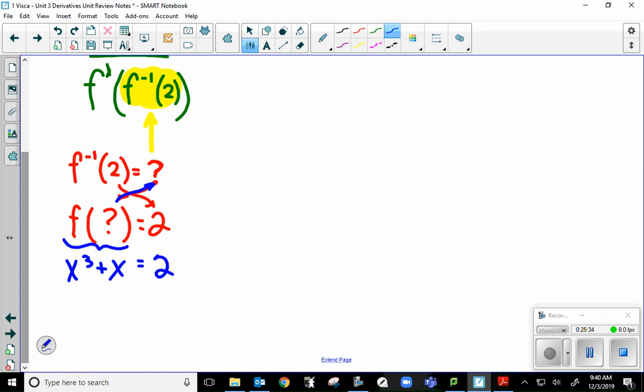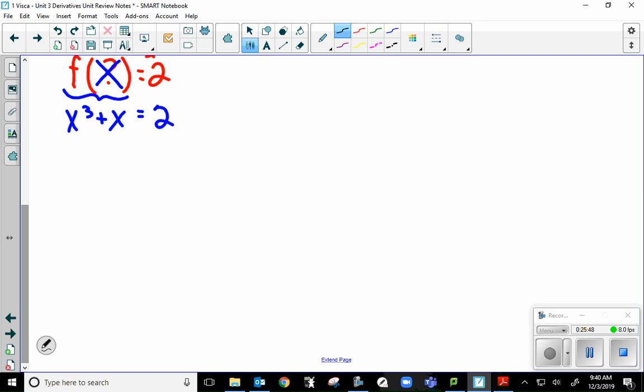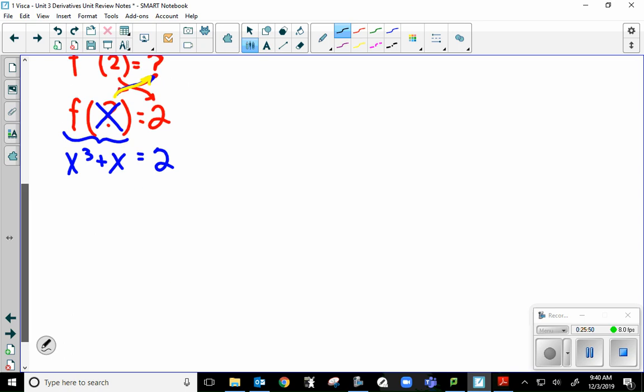So what value of x would go right here to solve for this? Because once I know that value of x, that would flip and become my solution here. You could do this with a calculator, but a lot of the time they'll give you a problem like this and they won't give you a calculator. So I've got to look at this logically. Well, 1 plus 1 is 2. So x equals 1 here.